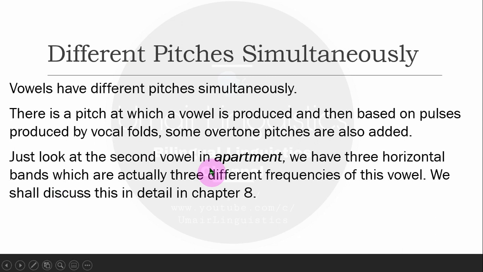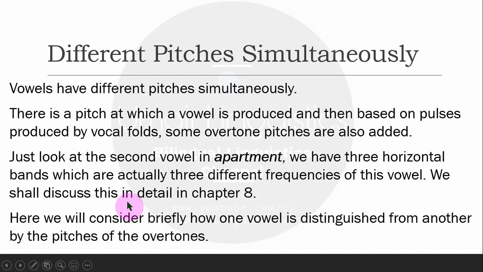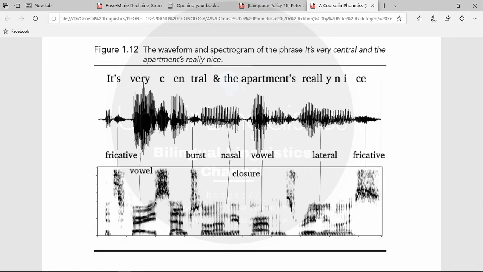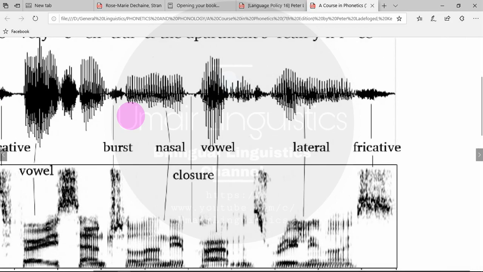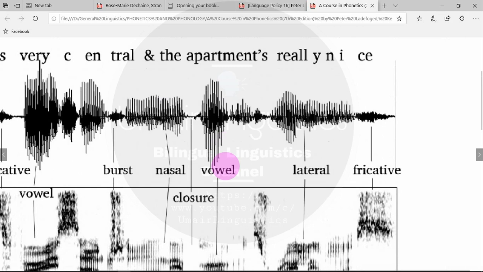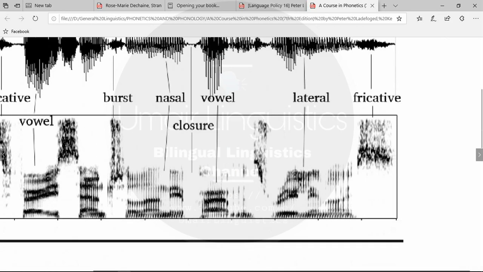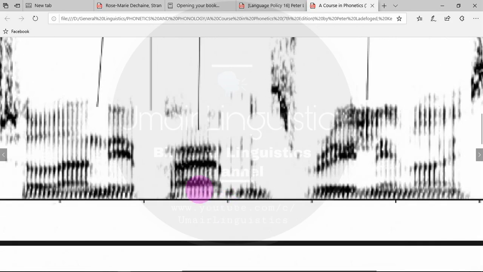Just look at the second vowel in the word apartment. I am going to show you through the spectrogram, where we have 3 horizontal bands, which are 3 different frequencies of this vowel. This picture we also discussed in earlier lectures. Here we have the word apartment, and this is the vowel, and in the spectrogram we can see these 3 dark bands, 1, 2, 3.